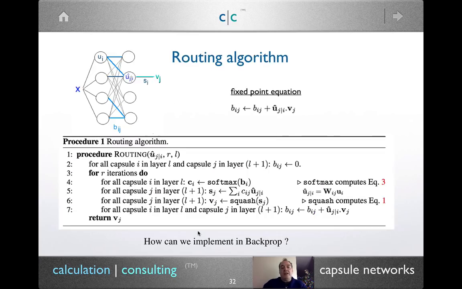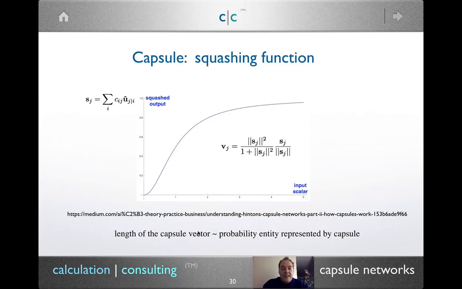The idea is that the length of the capsule is proportional to the probability that an entity is being represented by a capsule. So the length of the capsule is actually important, but we're going to apply this squashing function to it. There's a nice blog here which talks about understanding Hinton's capsule networks and has a nice discussion of the squashing function if you want to do a deeper dive into this interesting vector nonlinearity. But the point is that just like you have ReLUs and sigmoids, the squashing function is our nonlinearity for our vector capsule network.